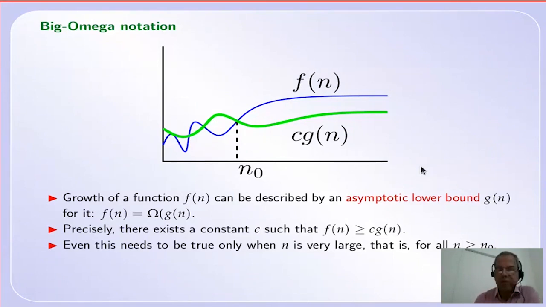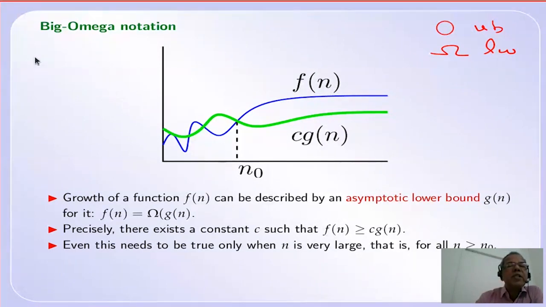Big omega notation. Like big O is asymptotic upper bound, big omega is asymptotic lower bound. So we are given a function f of n. We want to say g of n is a lower bound for f of n. g of n is always below f of n, or f of n is greater than or equal to g of n.